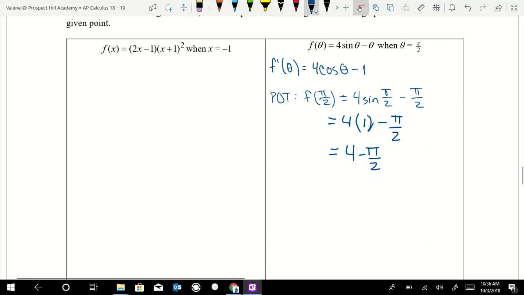We're just going to write that point the way that it is. So we have pi over 2, comma, 4 minus pi over 2. That's our point of tangency.